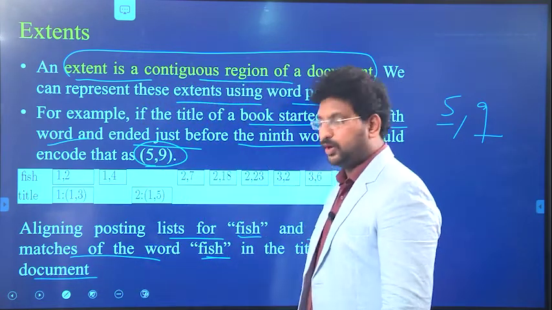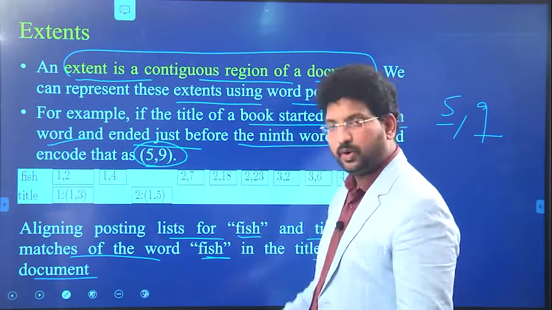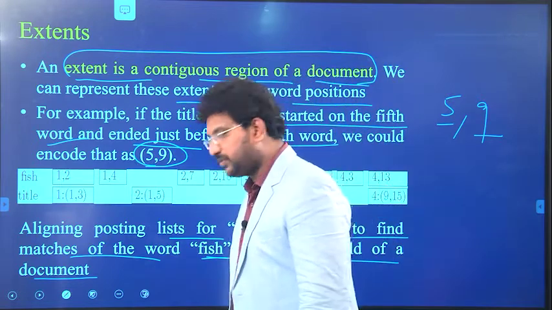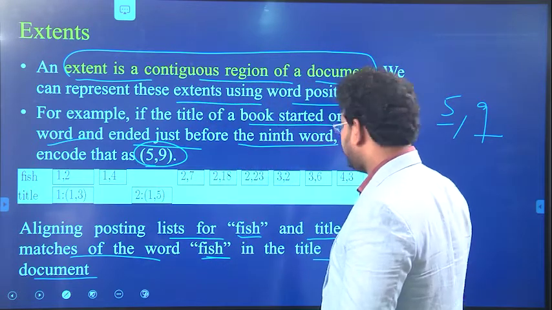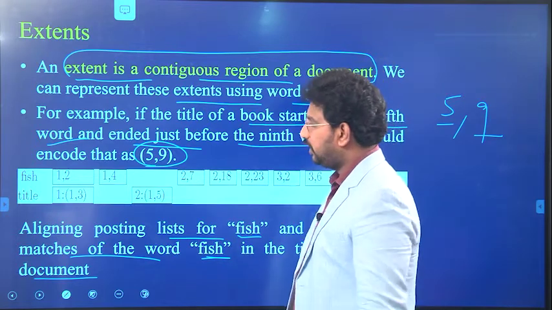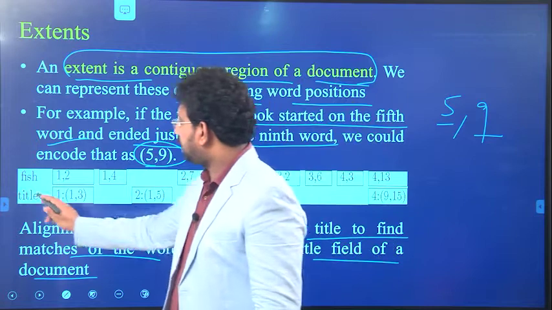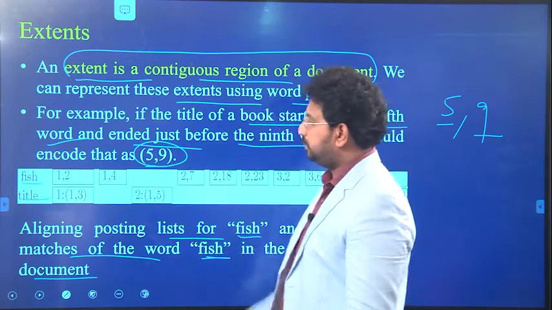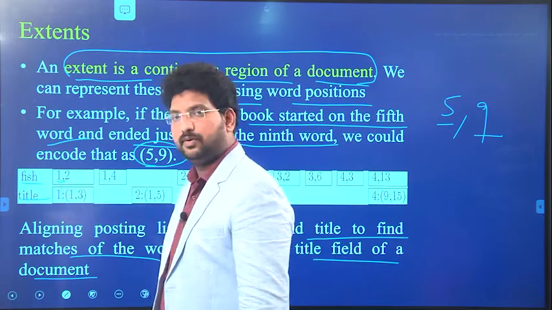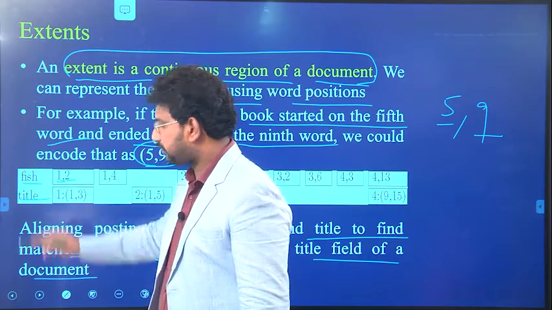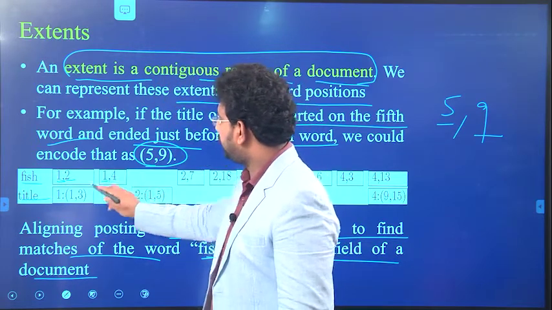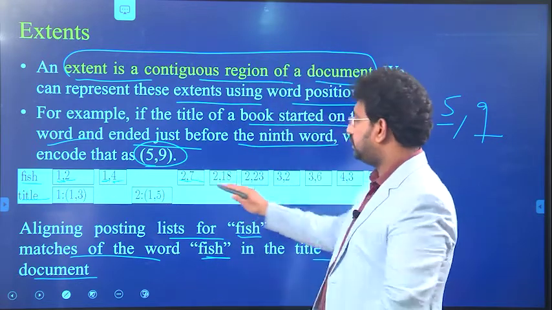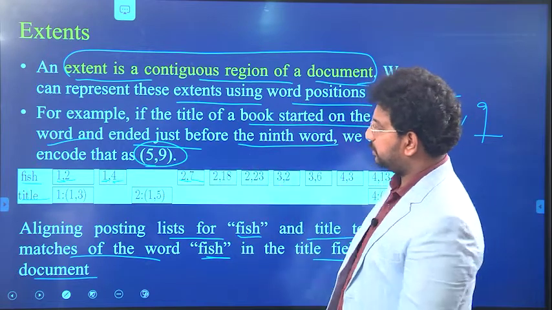For fish, the positions are: the first document has fish at the second position and at the fourth position, and the second document at the seventh position. These are the document numbers followed by the positions for the word fish.